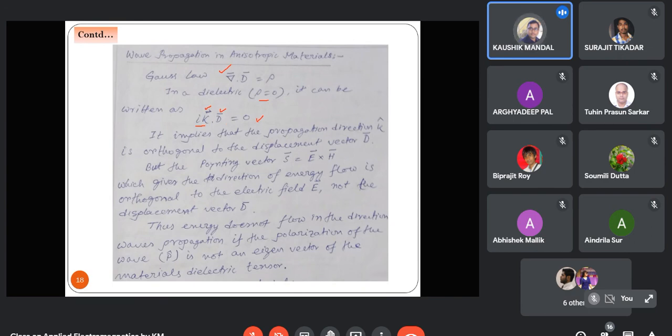So from this equation, we have found that the direction of propagation and the displacement vector are orthogonal to each other. The propagation vector k and the displacement vector D are orthogonal, that means perpendicular to each other.